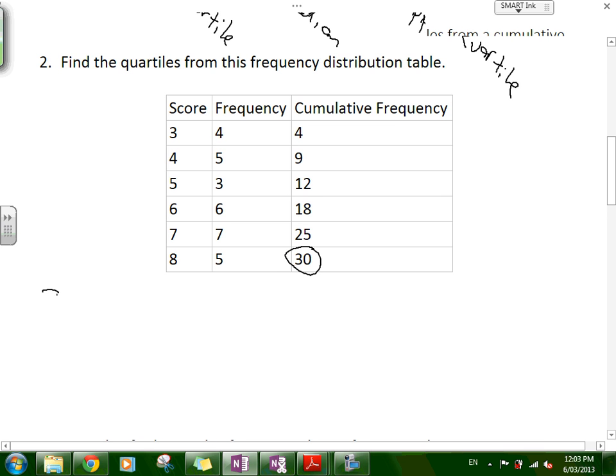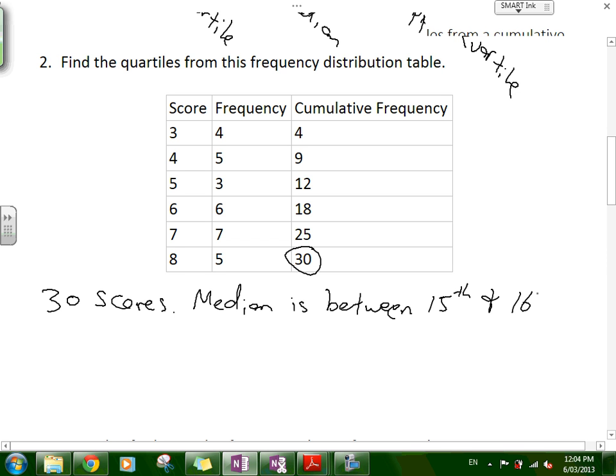So there's 30 scores, so the median is between the 15th and 16th scores. So we've got to have a look at what scores are where.